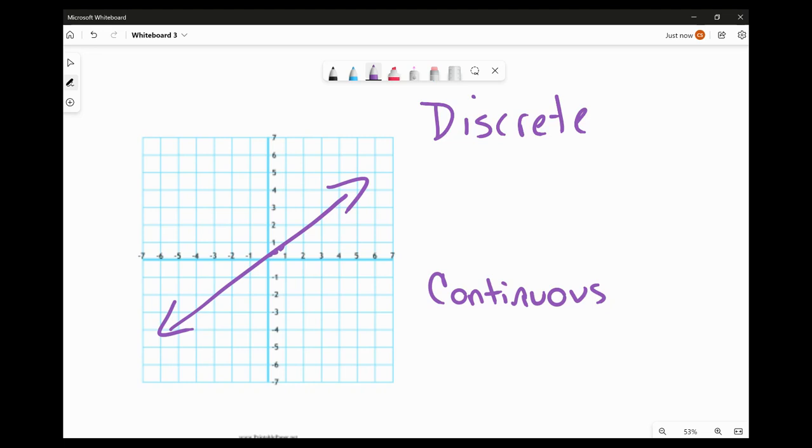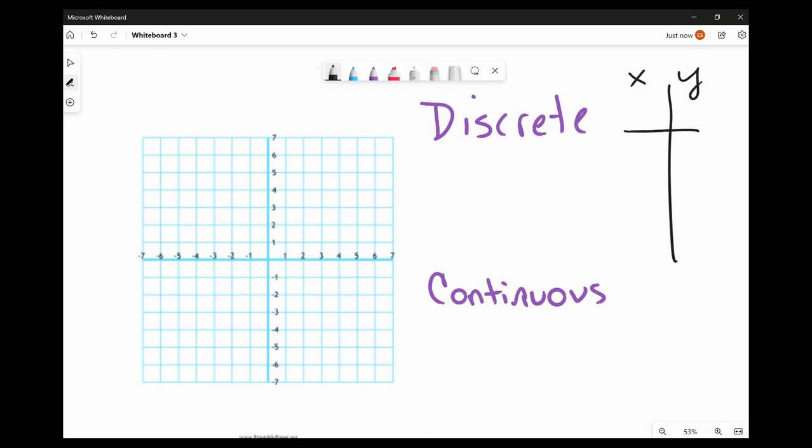But if you're talking about a discrete function, we have to think about what the meaning is and what in real life is happening. So for instance, on a discrete function, let's say we're going to the movies, and I'll give you an XY table here. We're going to specifically tell you what the labels are for X and Y. So the labels are tickets to a movie, and the cost.